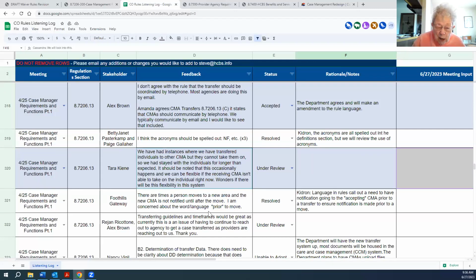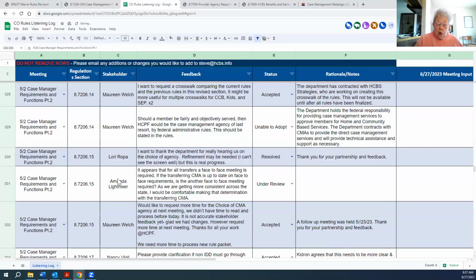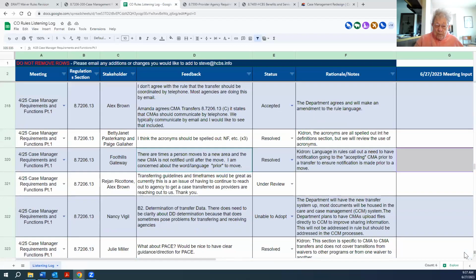For instance, their family member, a loved one, Medicaid member has just moved to that area, or some other serious reasons to be accepted by that case management agency. Currently, that is under review with no other comments, and I'd like to have some input on that. Thank you.